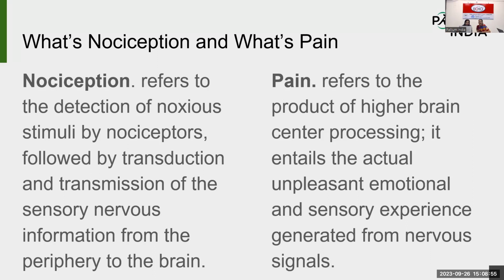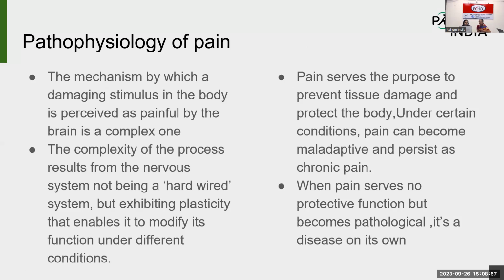Next slide. Why is this so important for us to understand? Simply put, this whole pathway is not a hardwired system. So there's not only one way or one method it should respond. It can respond in various ways. That is why we have a big array of different types of symptoms that the patient presents to us. That's what is mentioned here.